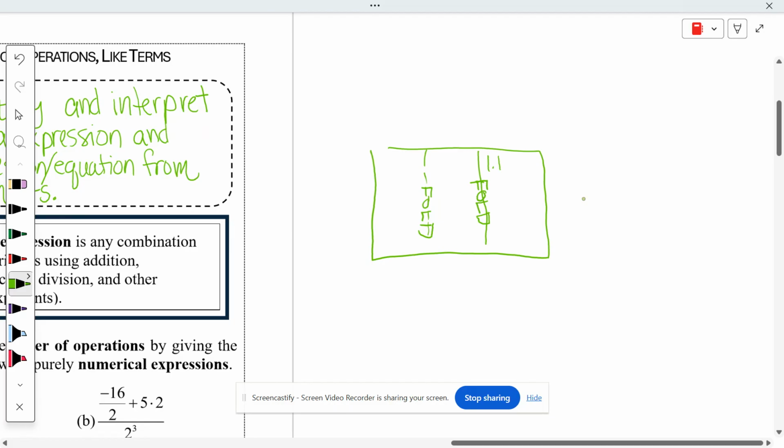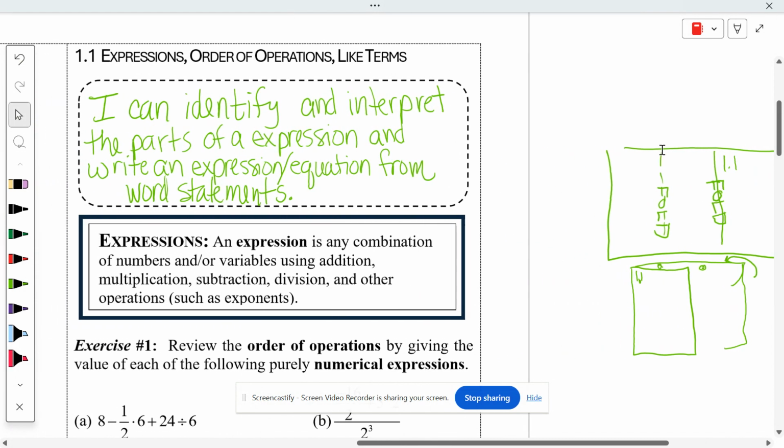So when you're done, you're going to have a little piece of paper that looks like this. This is 1.1. And then when you open it, your exercises here and here, and then this has a back page as well. Okay, so this is a trifold.